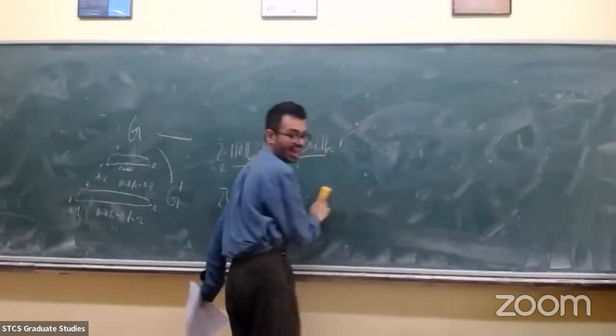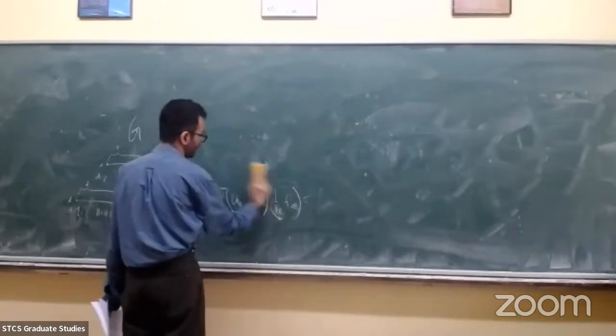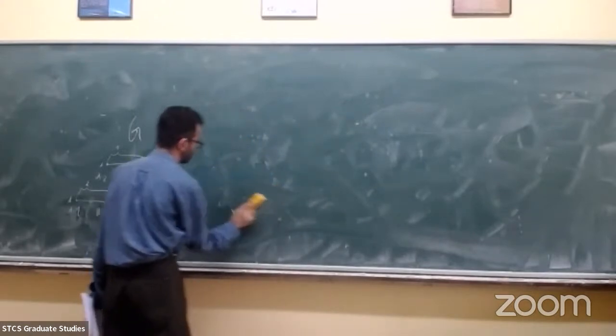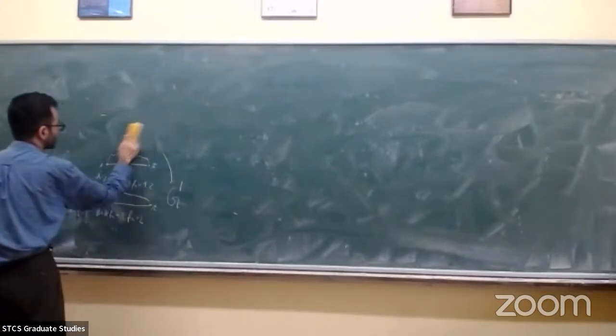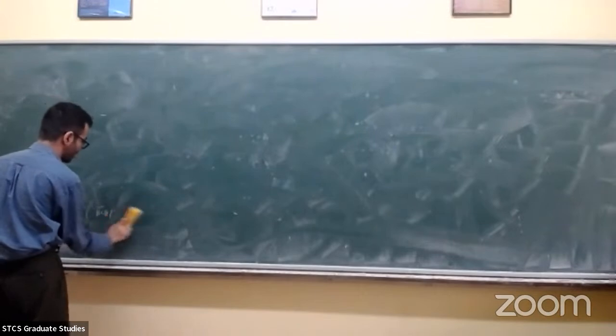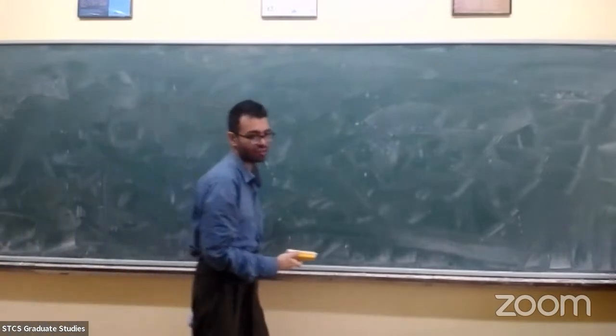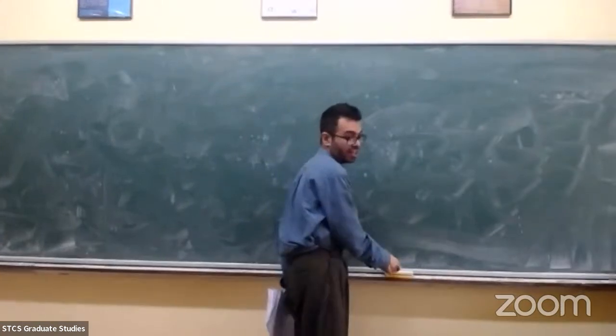Okay, so first of all, any questions from last class? Anything you want me to repeat? Except the whole thing, yeah, I want to repeat the whole thing, but if there's something particular you can point out which you want to repeat, or which you want to see in detail.